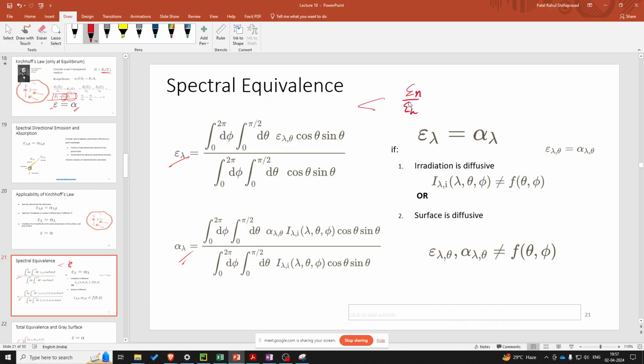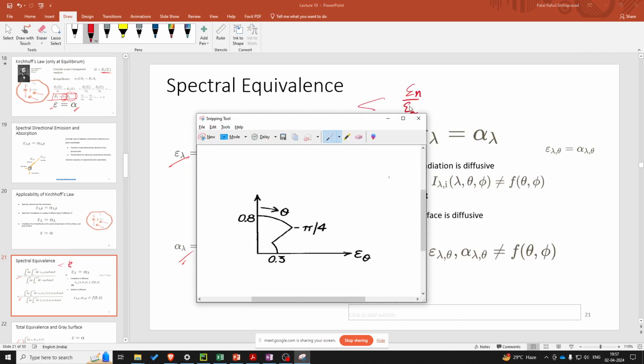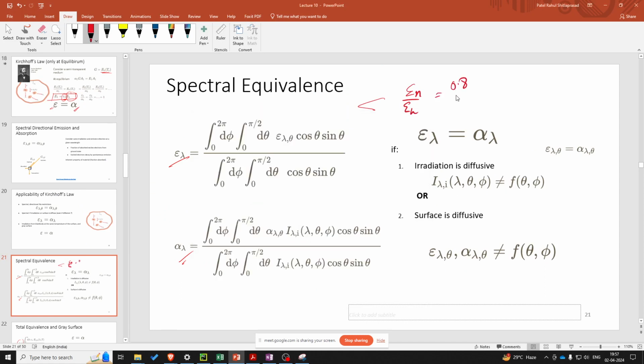Normal emissivity occurs when the angle is 0 degrees. So from this plot, if the angle is 0 degrees, then the emissivity is 0.8. And then we have to find this epsilon h. Once you find epsilon h, we can put the value over here. You can just cancel this term, and the denominator will also get cancelled out.